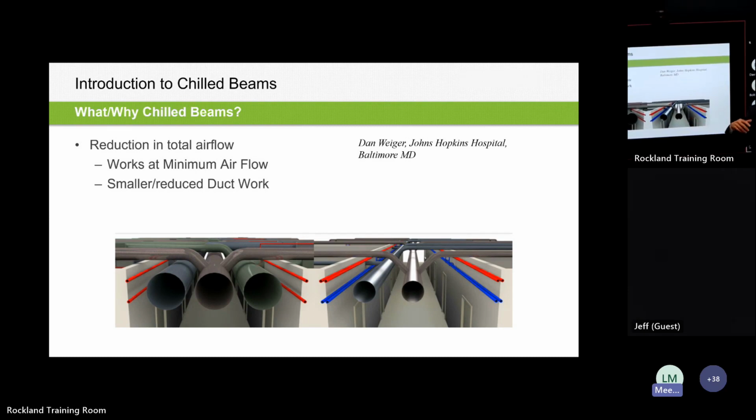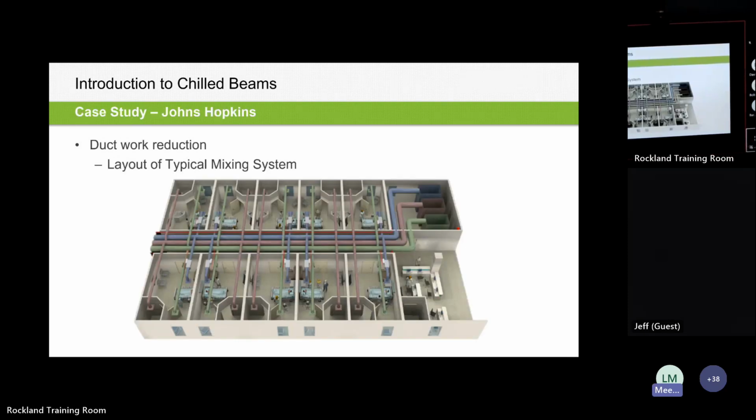So we just have your supply and exhaust ductwork. This was a render kind of simulating the amount of ductwork that they need to run for this particular area of a patient room.